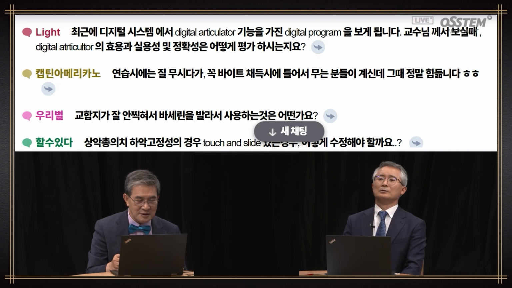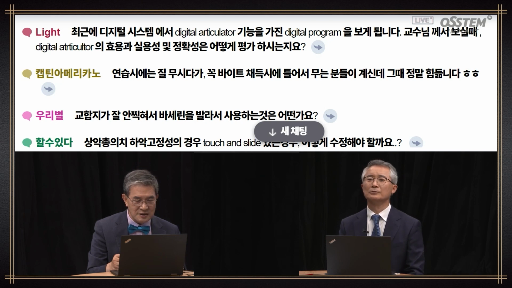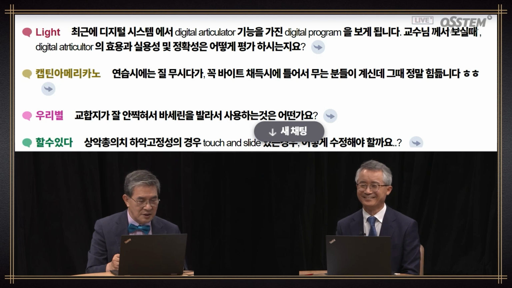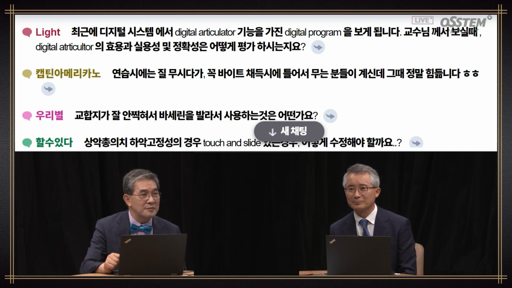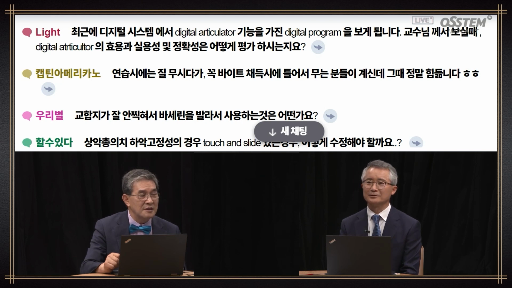Recently in digital systems, there are digital programs with a digital articulator function. In your perspective, how effective, accurate and practical is the digital articulator? I don't have experience using a digital articulator.